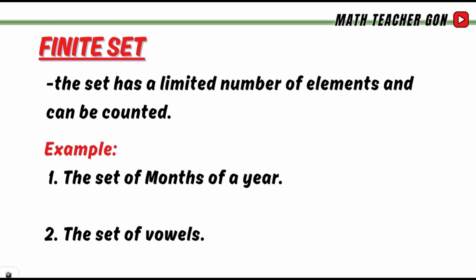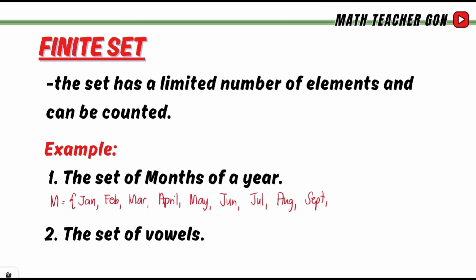So let's have the months of a year, M. What are those months of the year? So you have January, February, March, April, May, June, July, August, September, October, November, and December.